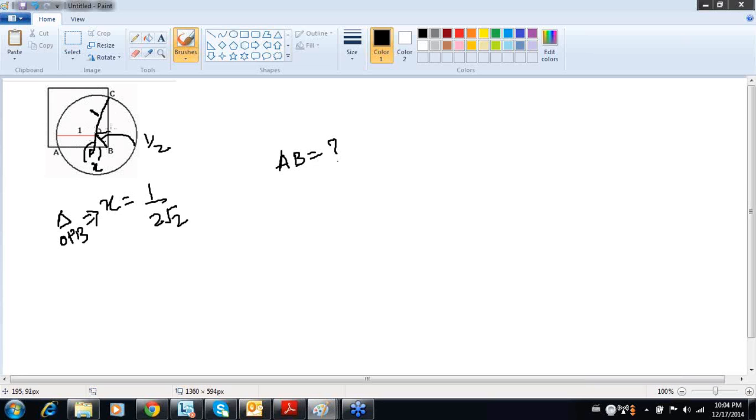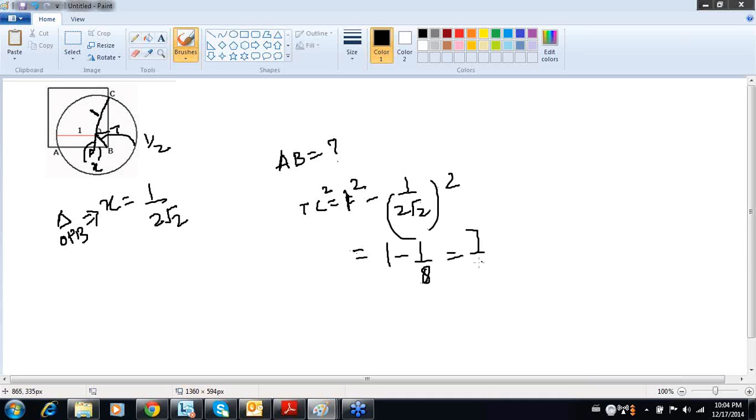So the value of TC: TC square is equal to 1 square minus 1 upon 2 root 2 whole square. That means 1 minus 1 by 8, which is equal to 7 by 8. So TC will be equal to root 7 by 2 root 2.